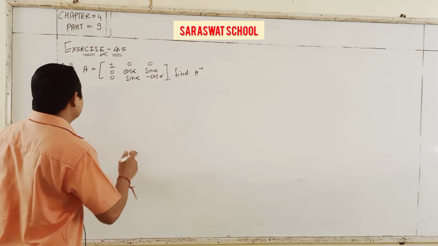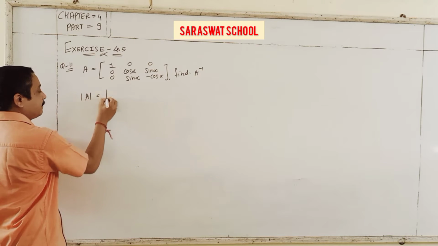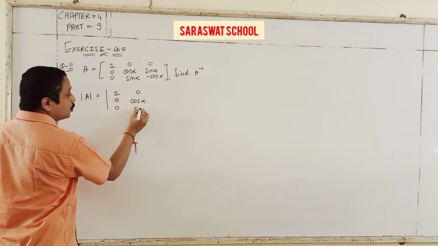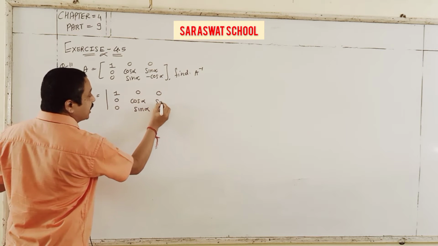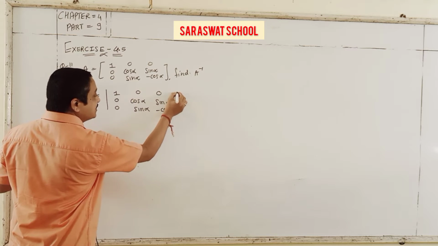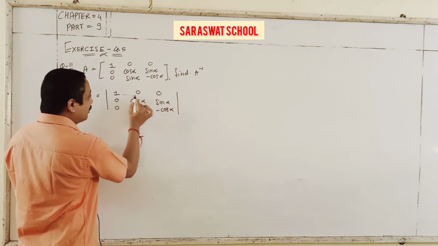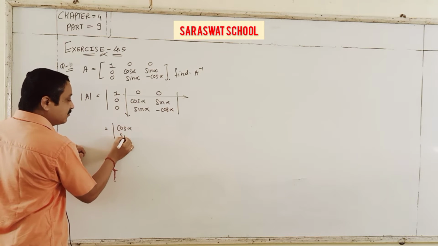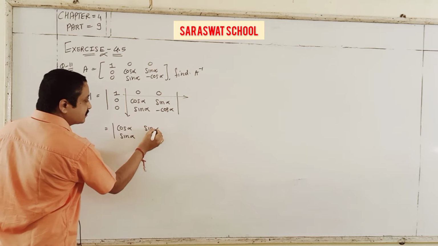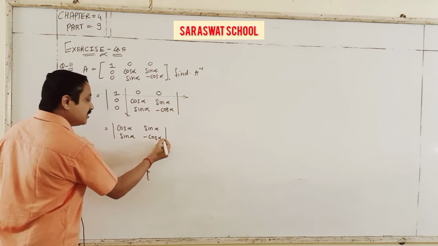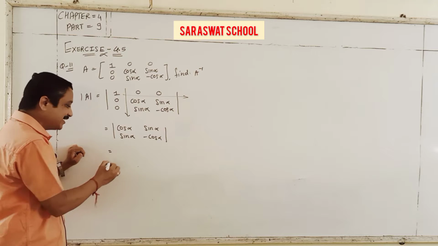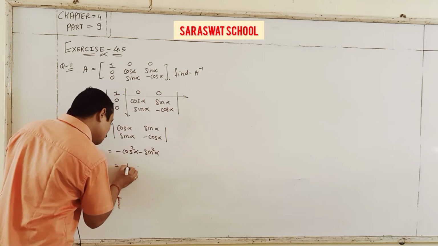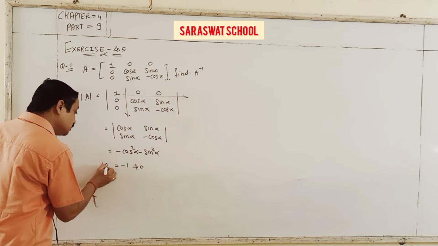Very easy question. First of all, I derive the determinant of A and check whether it is non-zero or zero, then declare that the answer exists. Going to our definition rule: principal diagonal minus secondary diagonal gives minus cos square alpha minus sin square alpha, which is minus 1, non-zero.